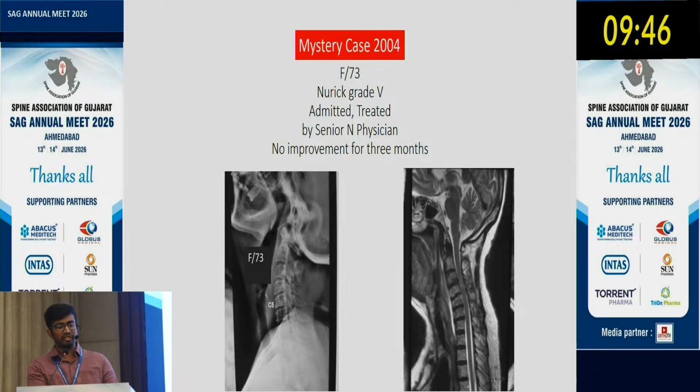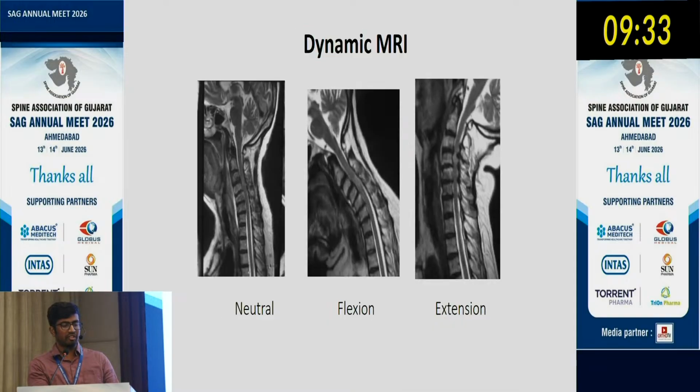She was treated conservatively for 3 months because her radiographs did not show any dangerous stenosis. Later we got a dynamic MRI, which shows her neutral and flexion MRI not revealing as much stenosis as the extension MRI, which gives a clear, detailed picture. Though there are cord intensity changes in the neutral and flexion MRI, the extension MRI shows the culprit causing the myelopathy.